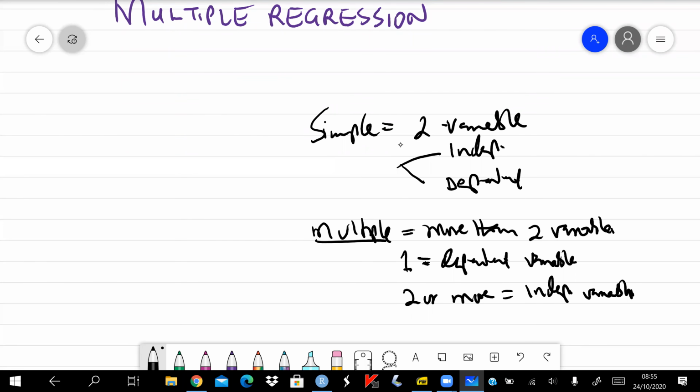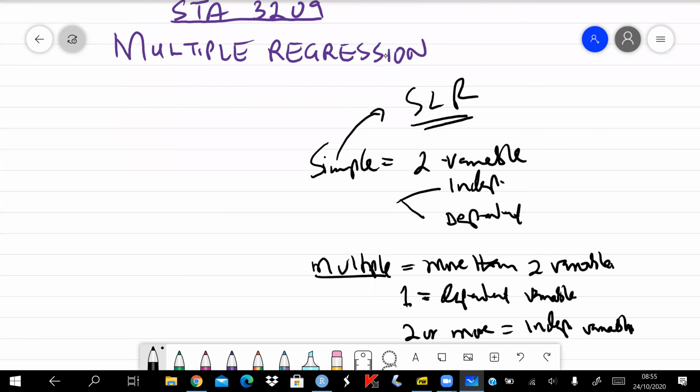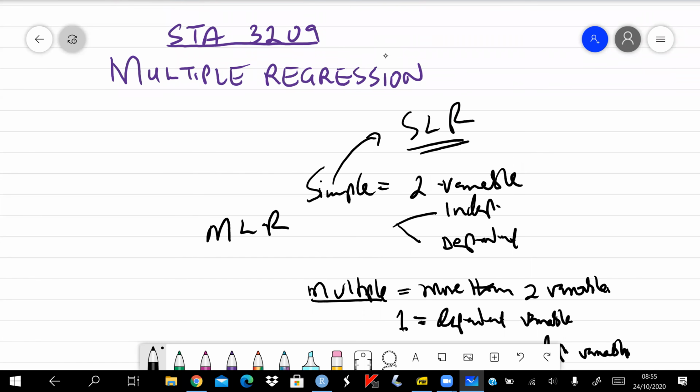And in our case, we shall be looking at multiple regression. In our previous class, we looked at simple linear regression, so we were just discussing the linear case. Now in this class, we're going to discuss multiple linear regression, so we shall be assuming some linear relationship between the variables of interest.